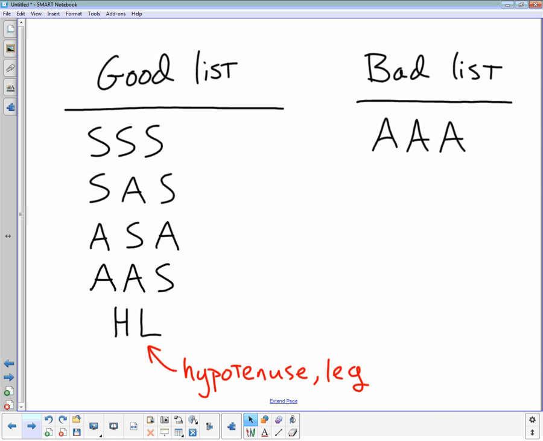And here's a simple example. Better yet. Take that triangle. Okay?